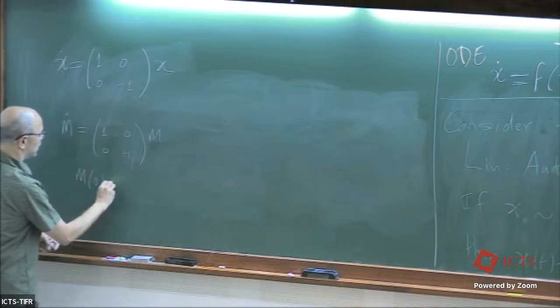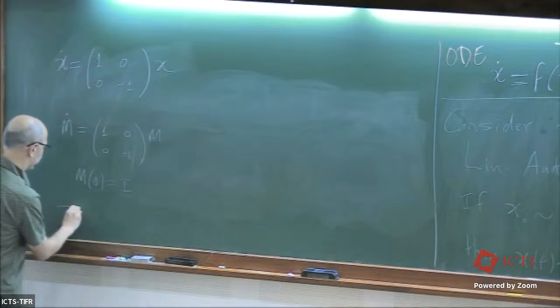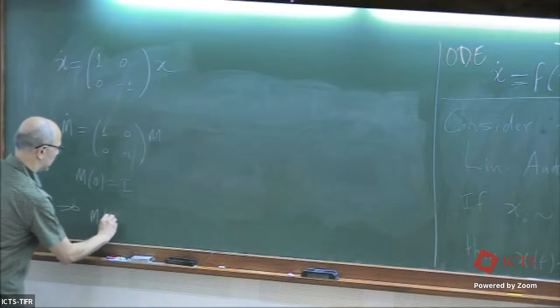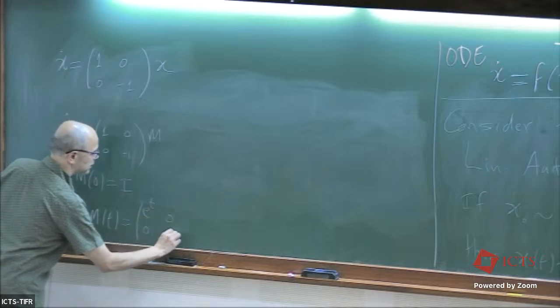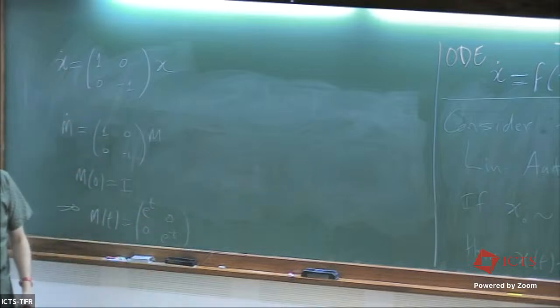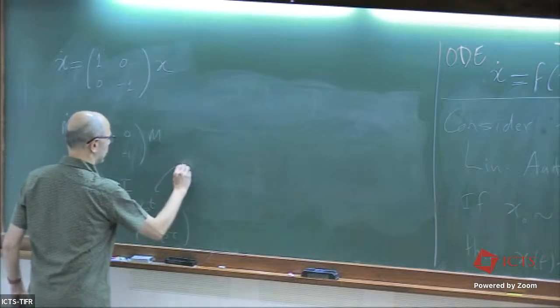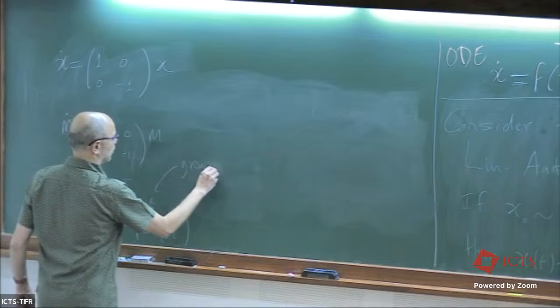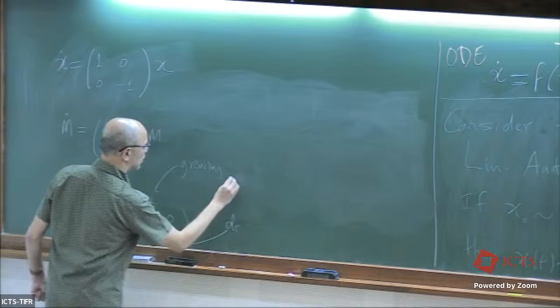M of 0 equal to, say, identity will simply give you that m of t is equal to [[e to the power t, 0], [0, e to the power minus t]]. So this will be the growing direction, and this will be the decaying direction.